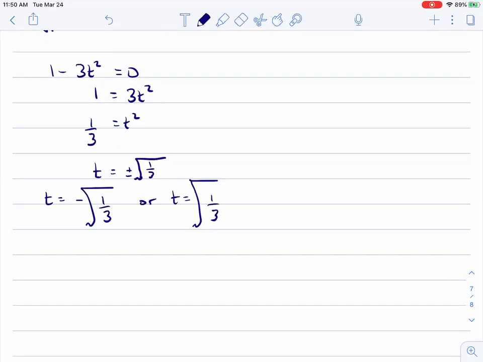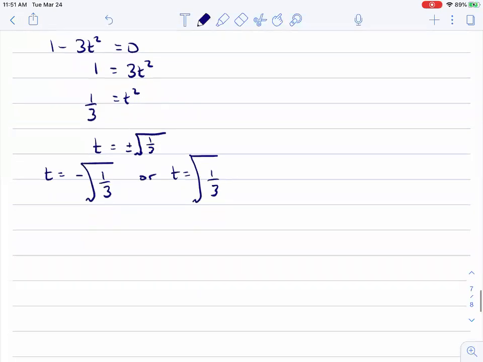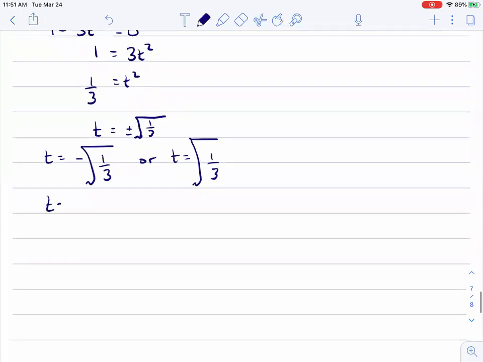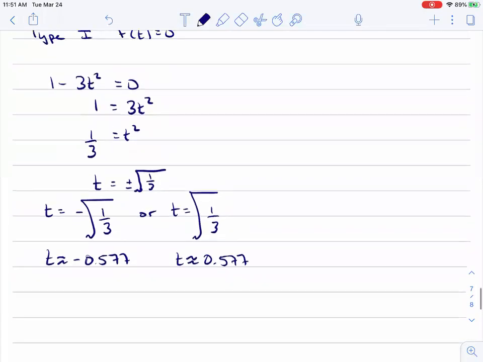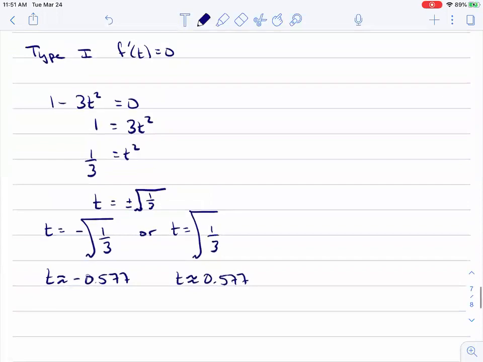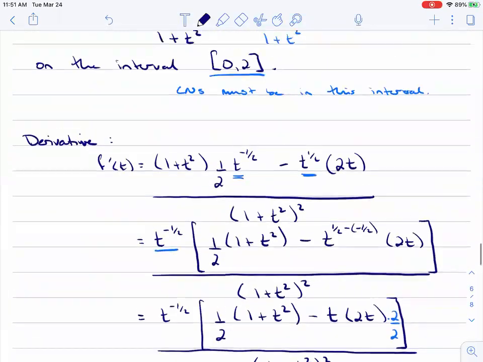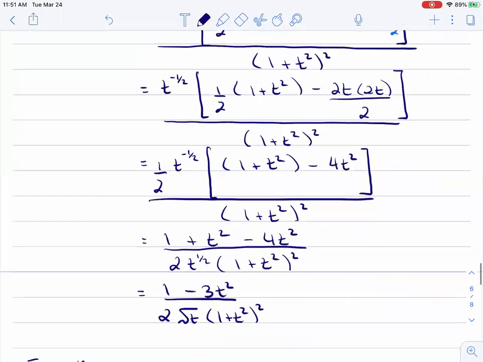The root of 1 over 3 is roughly negative 0.577, and t is roughly positive 0.577. Remember, it has to be in the interval, and the interval we're interested in is between 0 and 2.